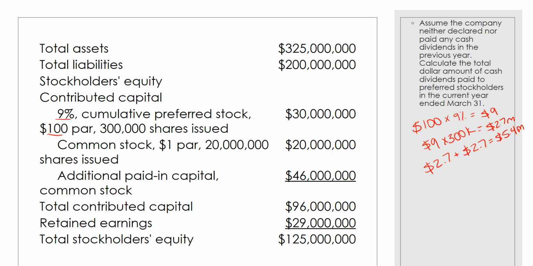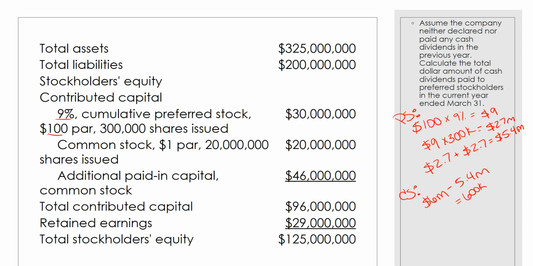So this goes to preferred shareholders. Now the remainder of that goes to common shareholders. So if we declared $6 million in dividends and we're paying $5.4 million to our preferred shareholders, that only leaves us $600,000 to distribute amongst all 20 million shares of common stock.